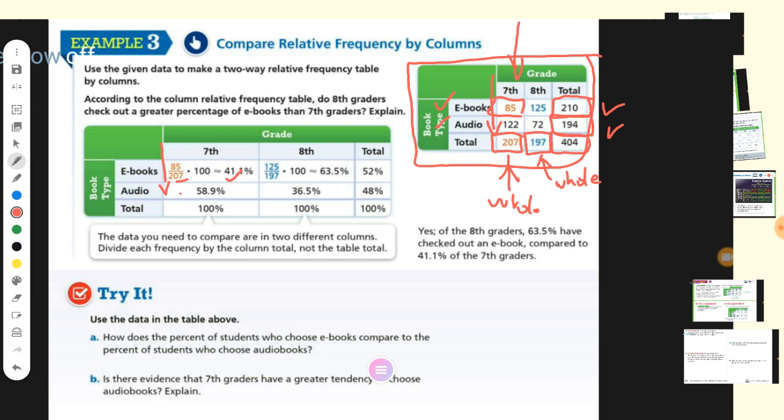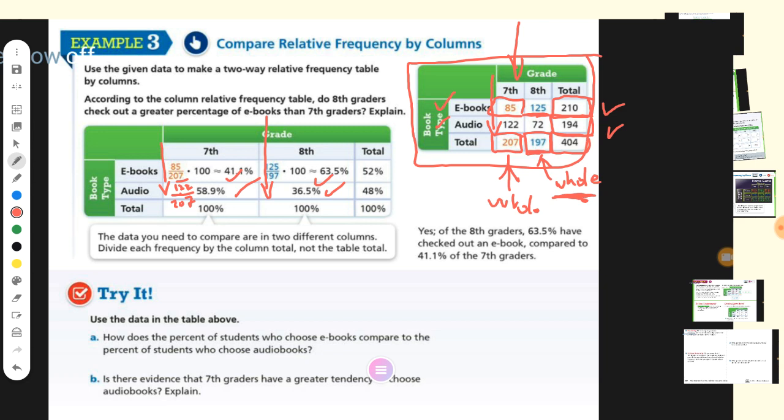Again, the second one should be 122 divided by 207 multiplied by 100, which will give you 58.9. Again, for the second column, with respect to the column total, which is 197, the number here is 125, divided by 197 times 100, it will give you the percentage, and so on. You can continue it.